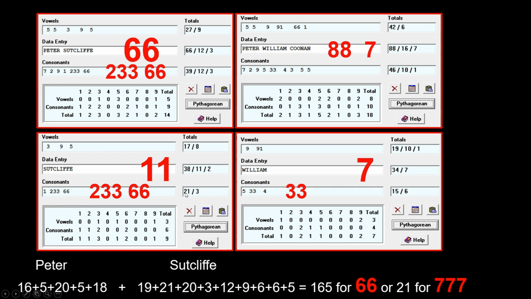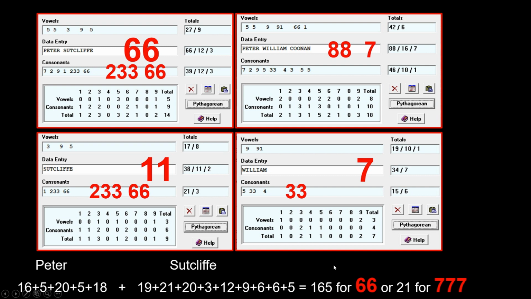We've also got a 21 here for consonants, which you could argue is 777. And William is actually 34 for a 7, and we've got 2 L's in William for our 33. Wherever you see names and they're using 2 L's quite often, it signifies 33. And if we look at Peter Sutcliffe in English, add them all up, we come to 165.